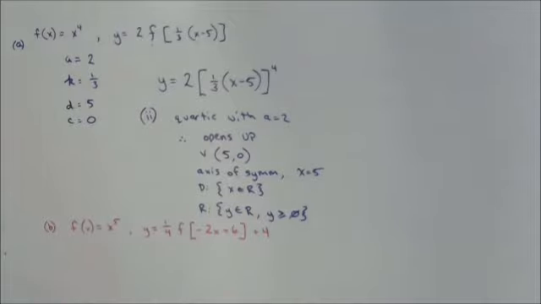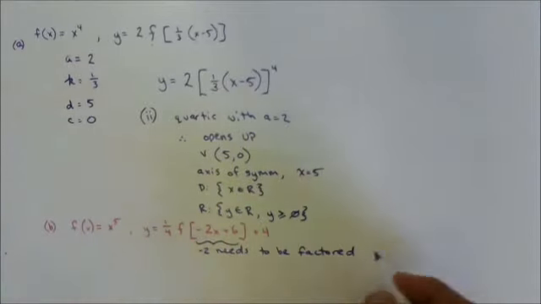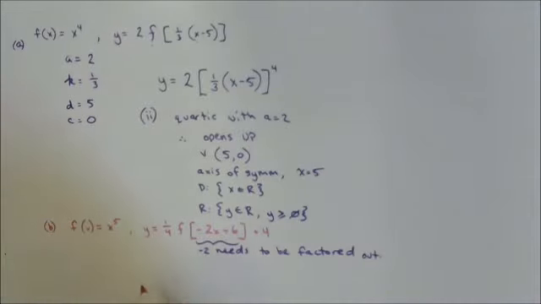And we're noticing right away that the coefficient in front of x is not 1. That means this needs to be factored. Let's say negative 2 needs to be factored out. So let's rewrite that.